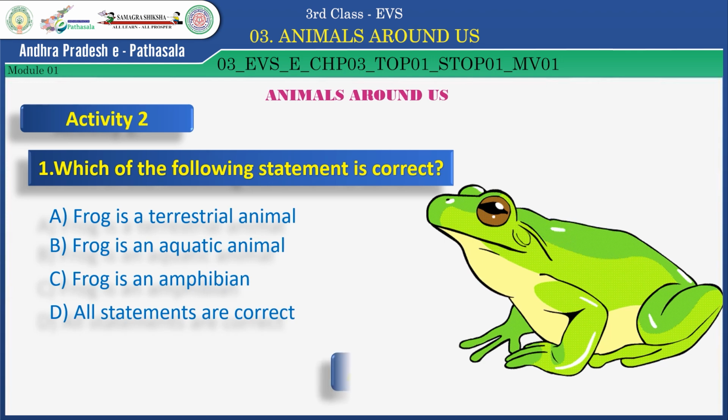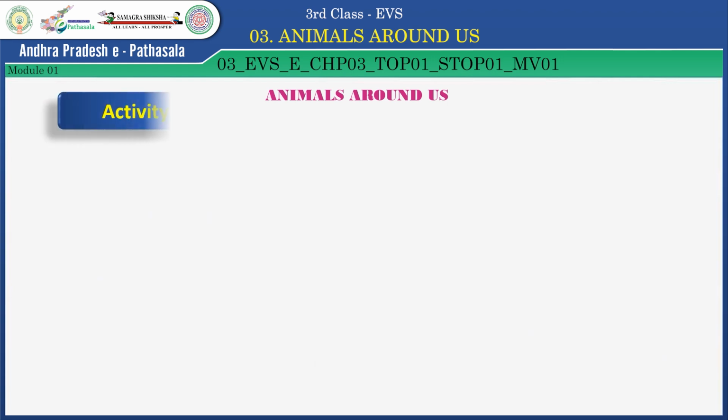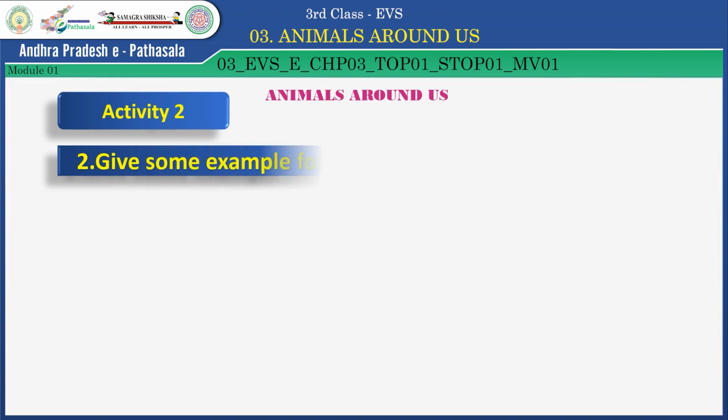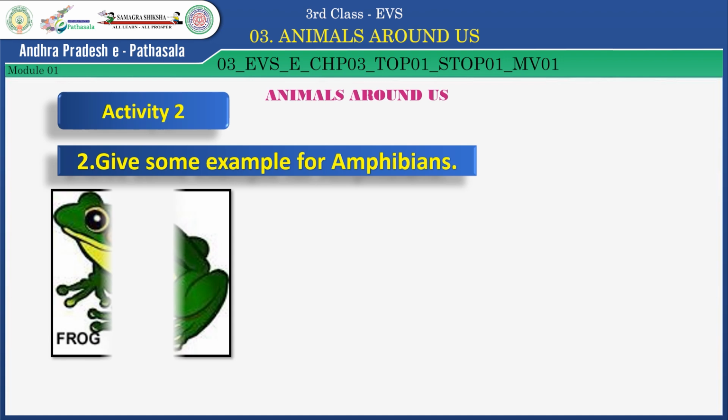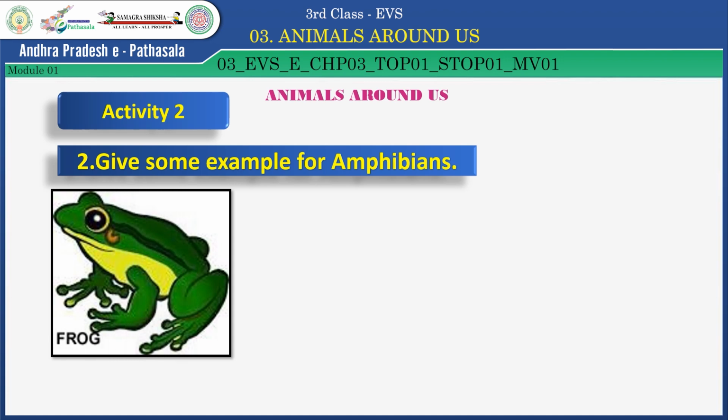Let's see another question. Give some examples for amphibians. Children, we have already discussed that amphibians are the animals that live on land and water.